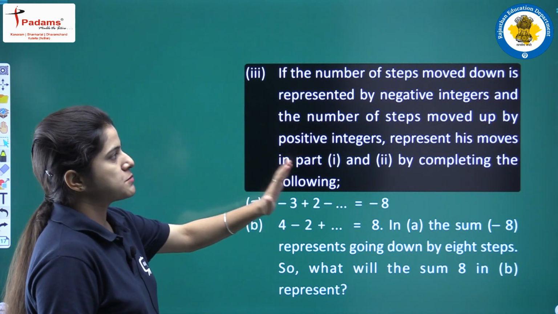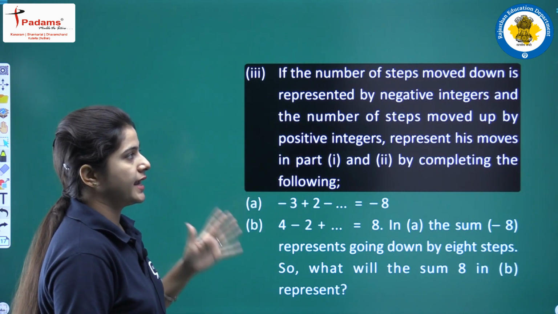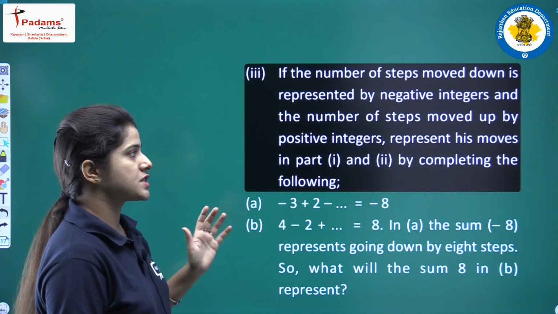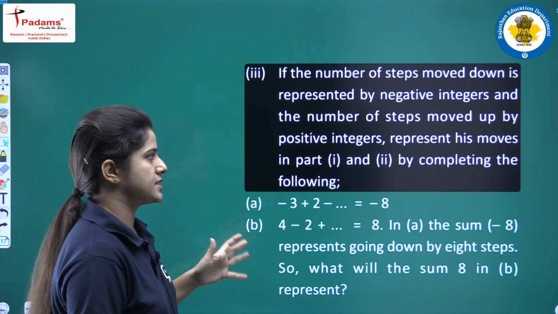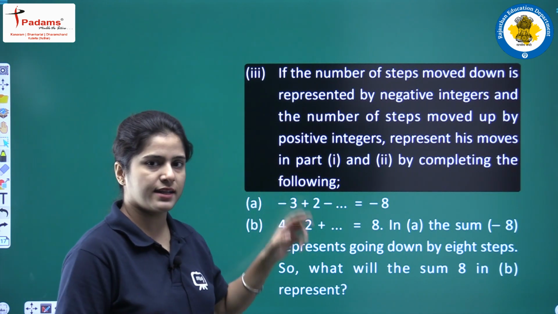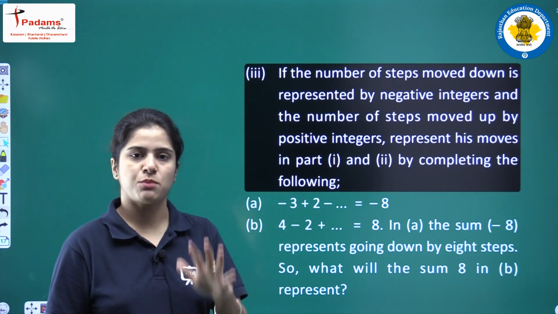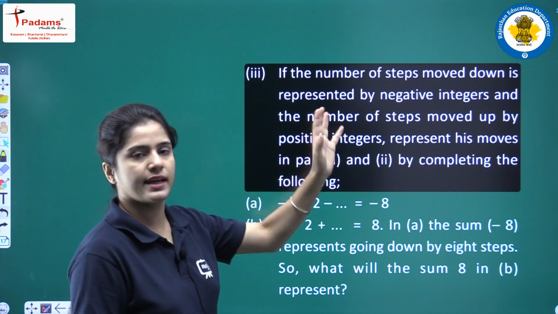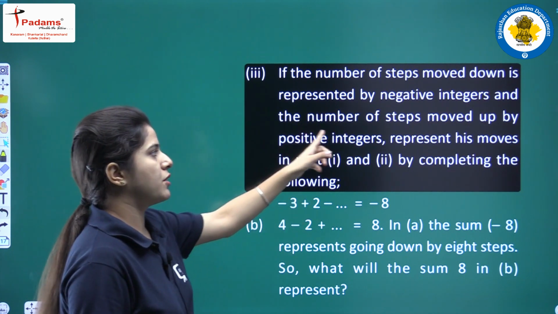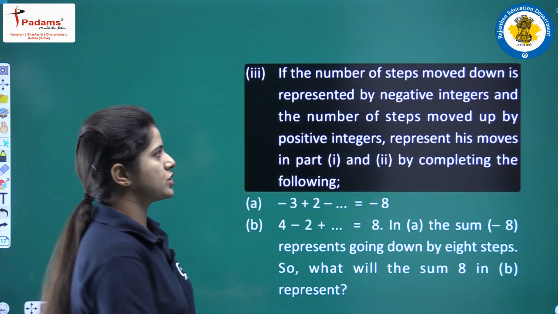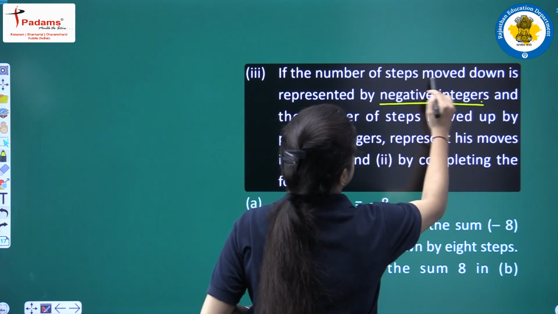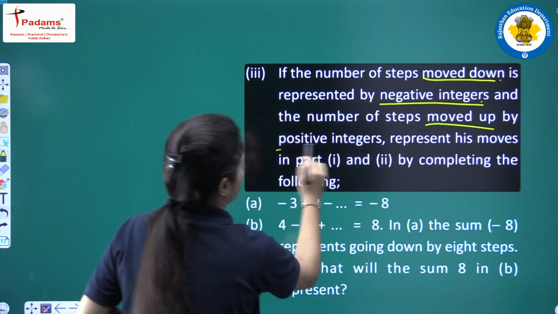If the number of steps moved down is represented by negative integers, and if the number of steps moved up is by positive integers, now this part is just the opposite of what we have done. We have taken the step down as positive and they are telling us to take negative. Okay, negative integers moved down, moved up by positive integers.